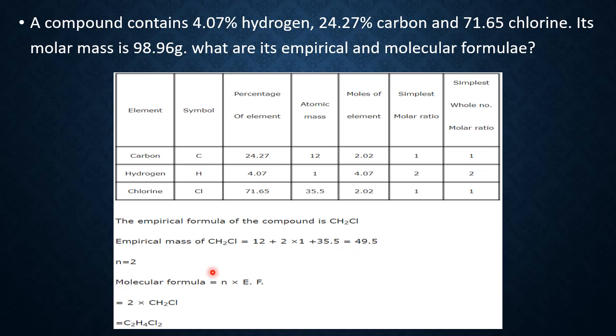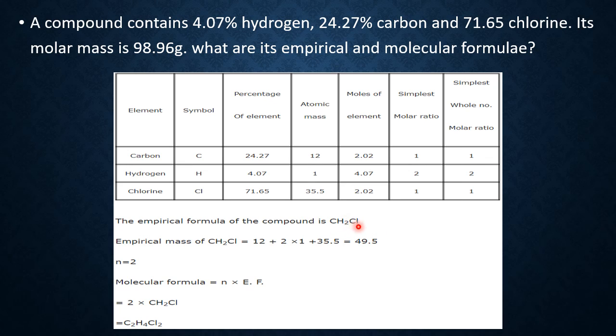Once you know n equals 2, you substitute that value in the formula. The molecular formula equals n times the empirical formula. The empirical formula is CH2Cl, you put it in a bracket, and n times, with n equal to 2. When you remove the bracket, C 2 times, H 2 into 2 is 4 times, Cl 2 times.